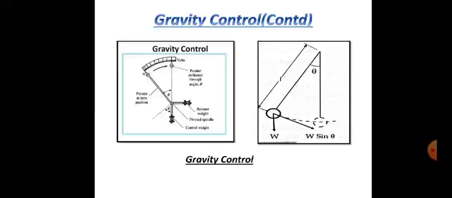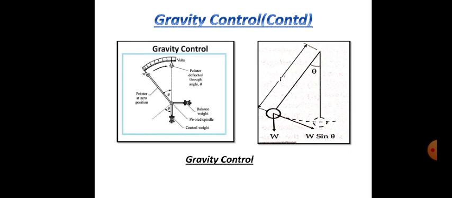Now, here we can see the pictures of gravity control method. That is, the control weight which we are using, and here another picture denotes how the controlling torque is proportional to the sine of the angle of deflection. Here we can see that when the pointer gets deflected from its initial position by an angle of theta, the gravitational force of the weight acts downwards, and it has two components.